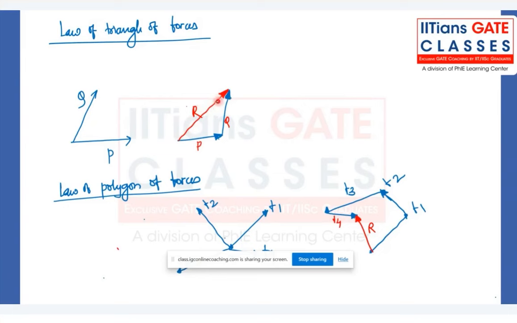So here P is in this direction, Q is in this direction, and this is the closing side, right? But the resultant will be the closing side, just in the opposite order. Okay, so that is what you should know.